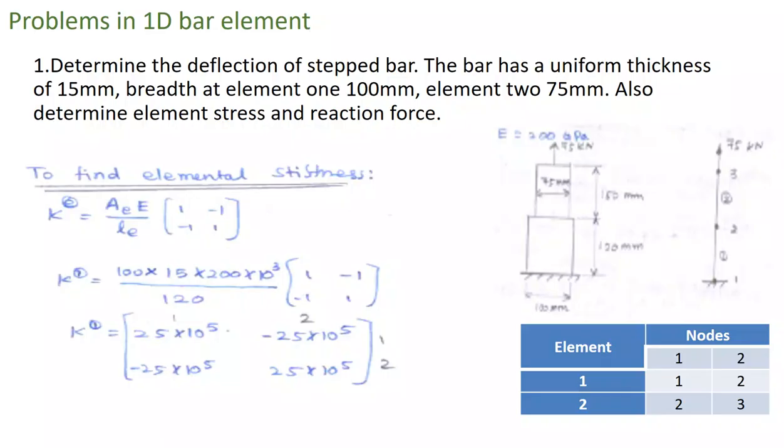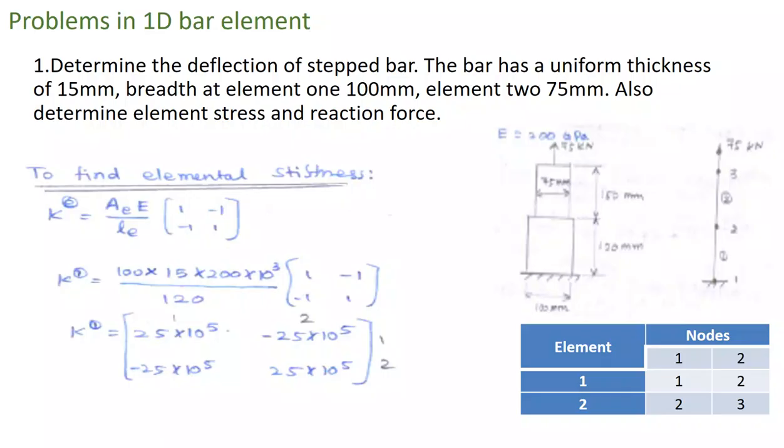For the node numbers, the bottom node will be 1, the mid portion node will be 2, and the top portion node will be 3. So element 1 has nodes 1 and 2, and element 2 has nodes 2 and 3. Here node 2 is shared by element 1 and element 2.